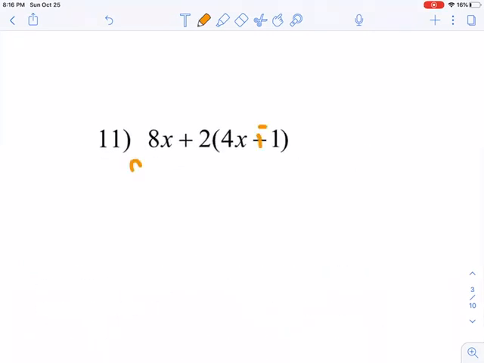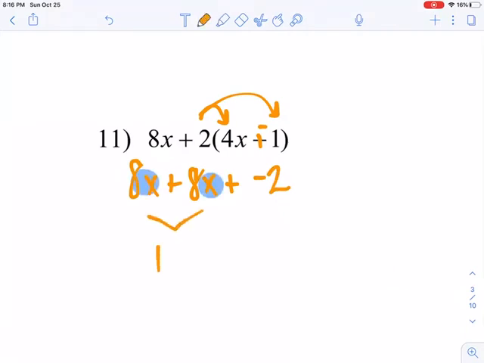So we have 8x, and then I'm going to do my distributive. 2 times 4x is 8x, plus 2 times negative 1 is negative 2. Now it looks like these two I can combine because they have x's, so that's 16x's plus negative 2. You could also write that as 16x minus 2. Those are the same.